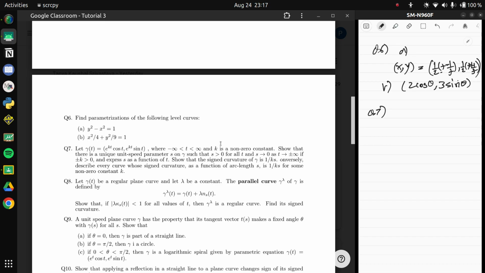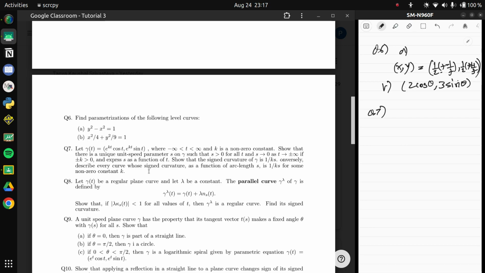Sure. What do you mean if plus minus? Oh, okay, cool. E power t cosine of this is getting very weird. Unit speed reparameterization.